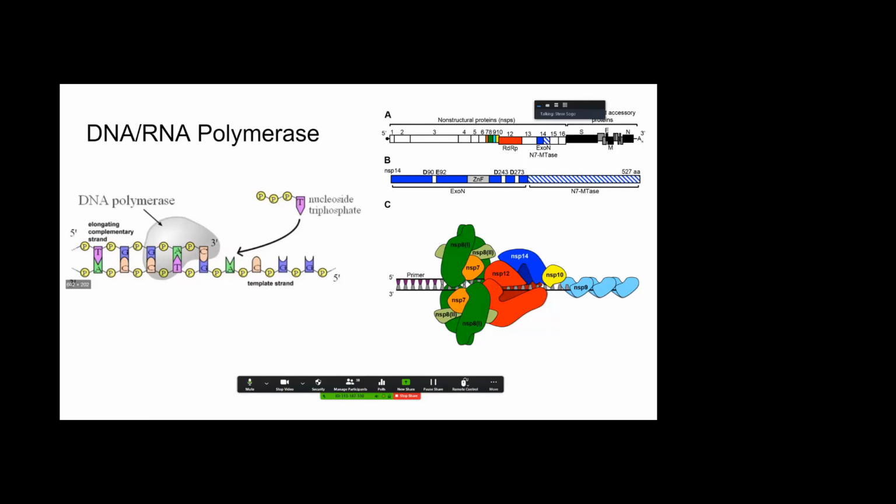And you can see color-coded, these are the proteins 7, 8, 9, 10, and 12, and 14 are in this structure to make the polymerase that will copy the viral RNA, copy it, copy it. The virus needs to do that to replicate.